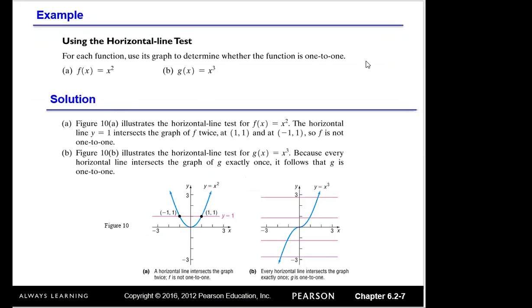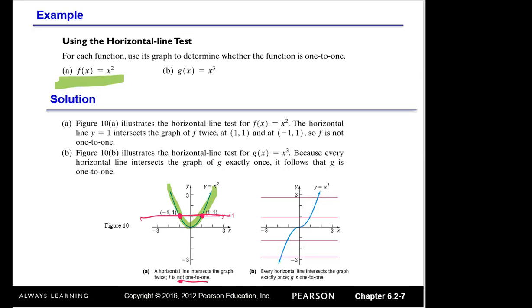So this just says use the horizontal line test for these 2 pictures. F of x equals x squared would be this graph. And you can see when they draw a horizontal line through it, there are 2 x coordinates that share the exact same y. So it is not 1 to 1.